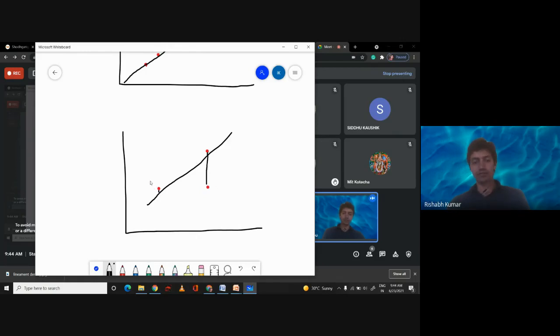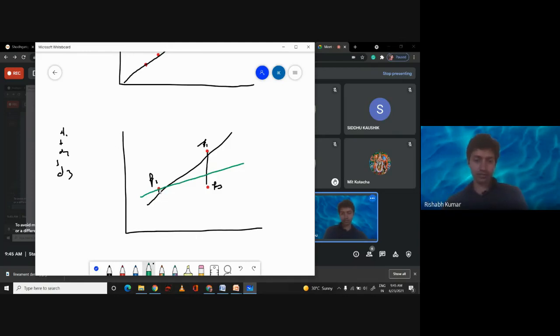Suppose this is point P1, this is point P2, and this is point P3. So the distance here is, suppose, D1 plus D2 plus D3. This is the distance. Another line could be a line that is going from this place, that has this slope.